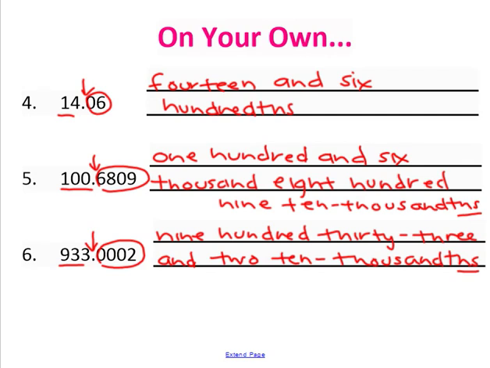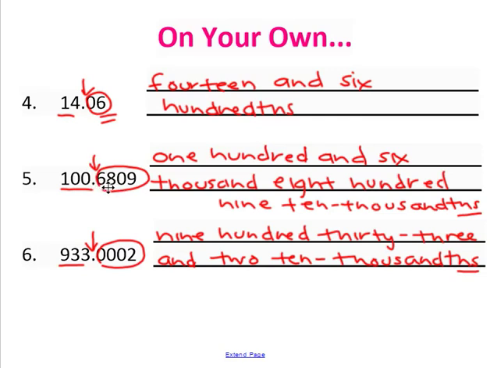All right, let's go ahead and review here. So for our first one, the whole number was 14, and then we have the decimal "and," then we have 6, and we end in the last place value, which is hundredths. Okay, then for the next one, our whole number is 100, then we have the decimal and then this is a big one.